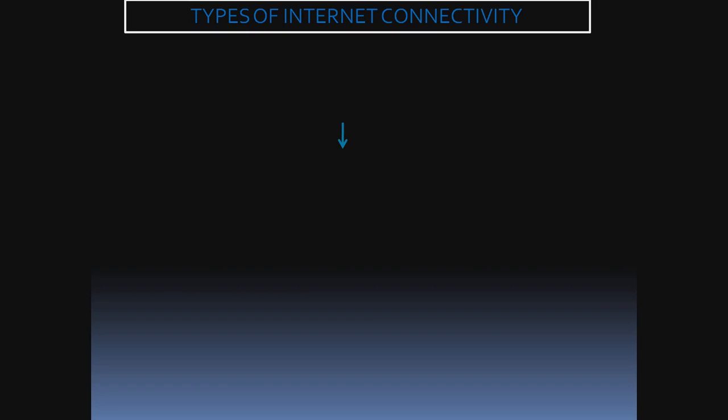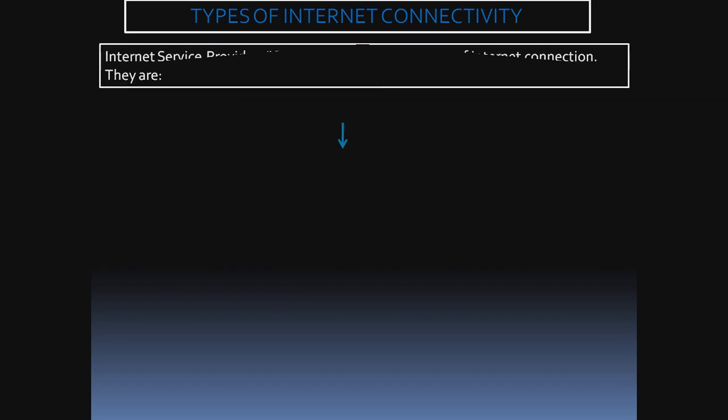You can avail any one out of them. So let us see these types of internet connectivity and who provides this internet connectivity to us. The internet service provider provides this internet connectivity to us. You know, internet service providers like Airtel, you take data pack from them, the Jio.